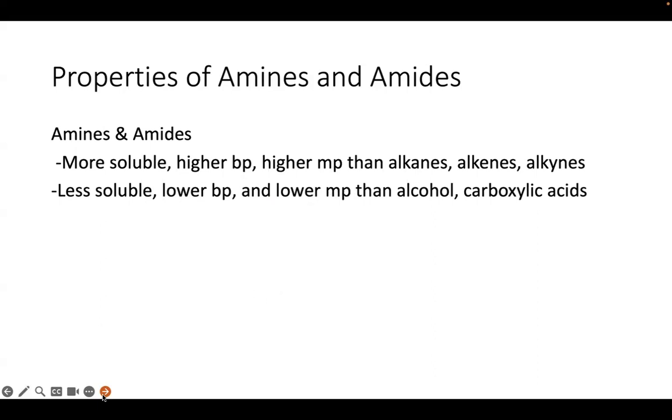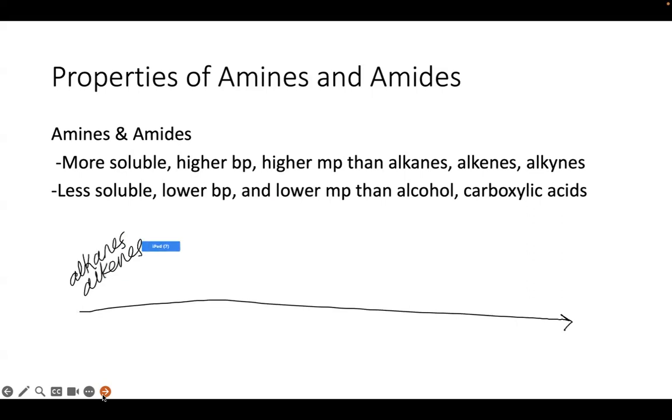So properties of amines and amides. They're more soluble, higher BP, higher melting point than alkanes, alkenes, alkynes, but they are less soluble, lower BP, lower MP than alcohols and carboxylic acids. So if we were just to review everything that we have talked about so far, we have alkanes, alkenes, alkynes down here. This is increasing boiling point, melting point, solubility.